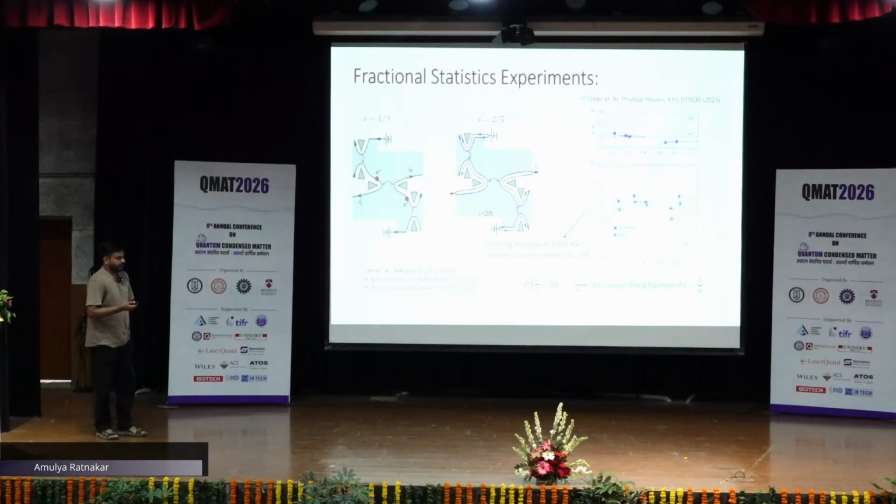But when we have multiple edge modes at the boundary, for example in a nu equal to 2/5 state, for a charge of q equal to 1/5 and a scaling dimension of 3/5, the theoretical prediction is to have the P value at 6. But what we get experimentally is the P value to be -1, and this is in total disagreement with the theoretical prediction. So what we did is to try to address this discrepancy by taking into account the inter-edge interactions between the two edge modes in a nu equal to 2/5 state.